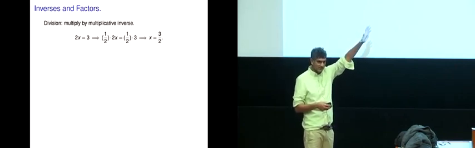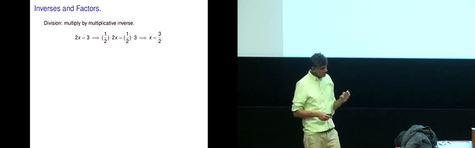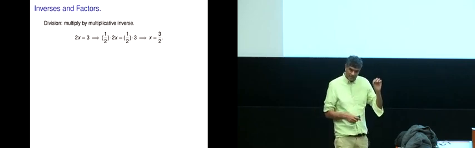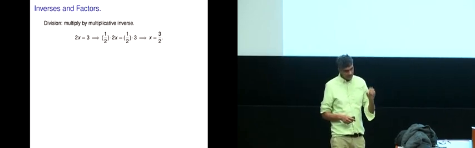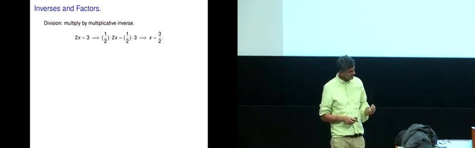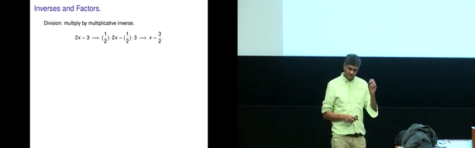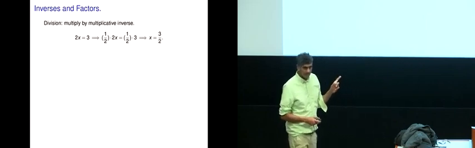Multiply by the multiplicative inverse. Some teachers would say divide by 2, but many, many times they also say multiply by the multiplicative inverse, because mathematicians designed K through 12 education, at least in some part, and they said, no, you need to tell them to multiply by the multiplicative inverse, and you'll see why. Okay, they are preparing you to take this class.